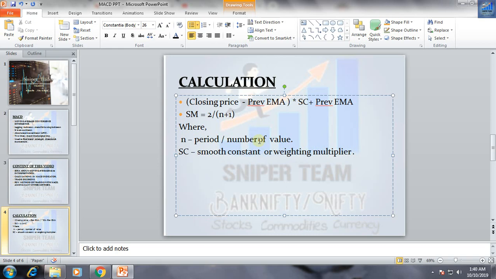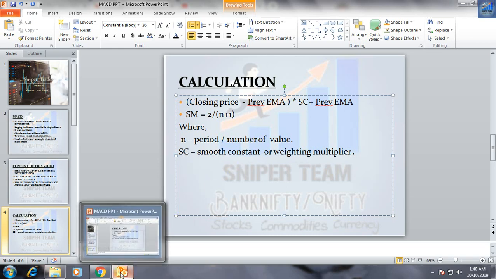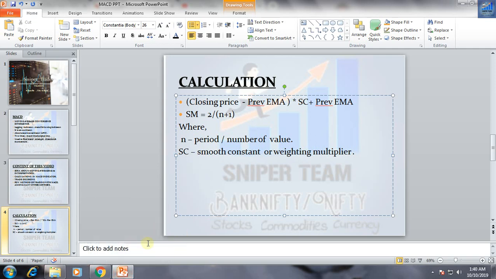To calculate the simple moving average of 12 period, we have to take the previous 12 days closing price of crude oil and add it together. So we get a sum of the previous 12 days closing price of crude oil, and we just have to divide it by 12. So that is what the simple moving average is.